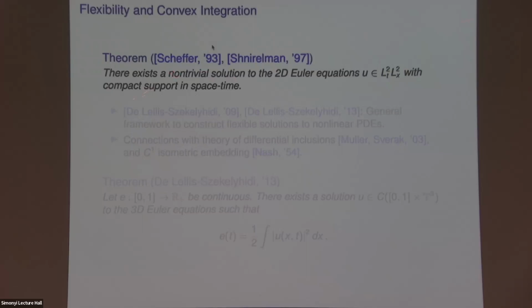So Scheffer managed to construct a non-trivial solution in this class, L2 in space-time, with the property that it is compactly supported in space and time, which is pretty wild, given that smooth solutions to the two-dimensional Euler equation are expected to conserve the kinetic energy, so the L2 norm in space should be constant in time.